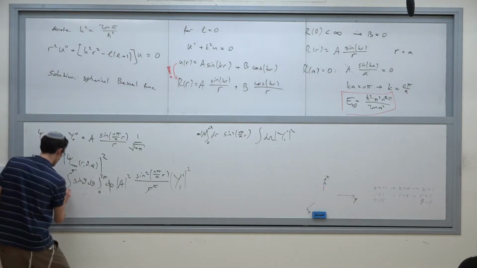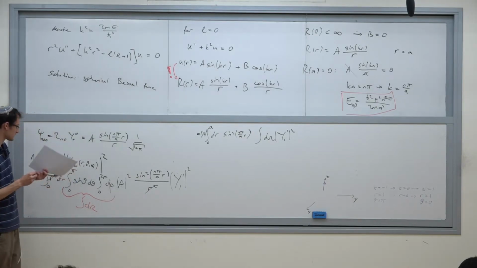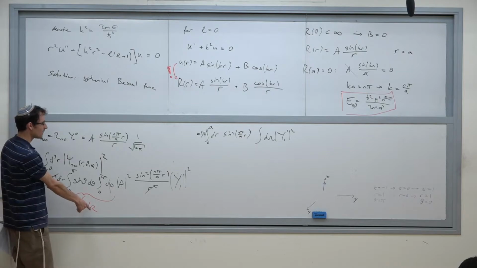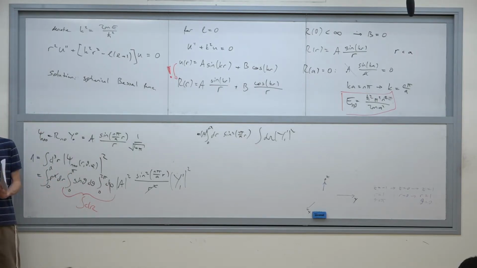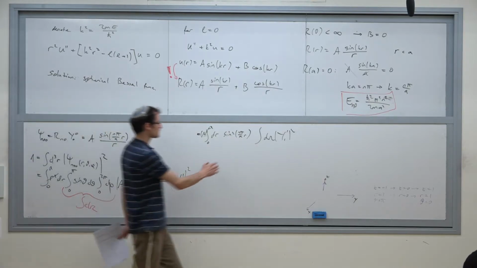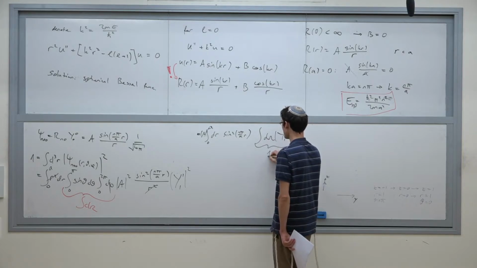I'm going to call this entire integral over the angles integral d omega, which is a symbol. When I write integral d omega, what I mean is this lot. And now you know that these functions are normalized, so obviously this must be equal to 1.